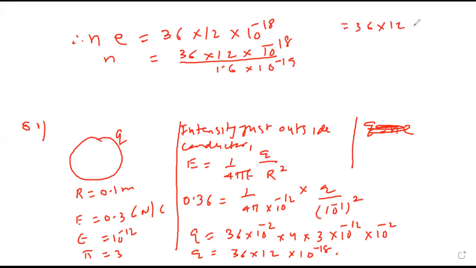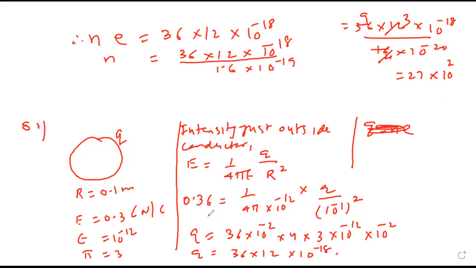So it is 36 into 12, 10 raised to minus 18 upon 16 into 10 raised to minus 20. 4 into 4, 4 into 9, 4 is 12, 27 into 10 raised to plus 2. Just check, 2700. 2.7 into 10 raised to 5 they have given.